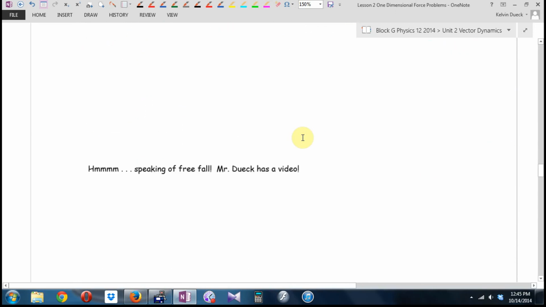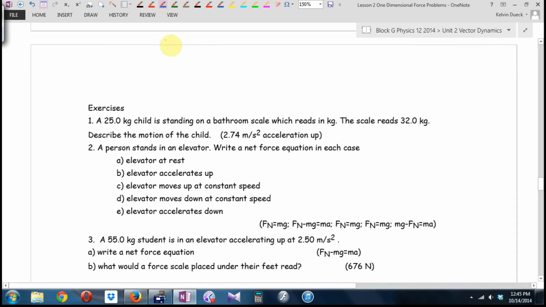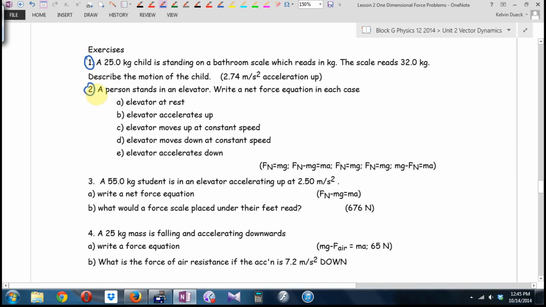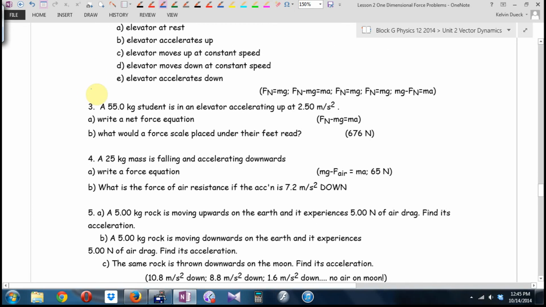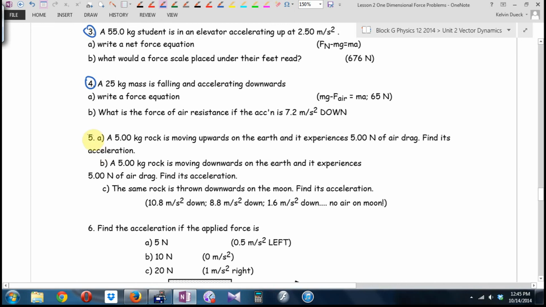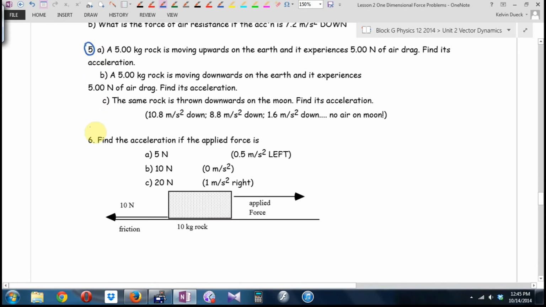Next, some homework first of all. Number 1. Number 2. 3 is good. 4 is good. 5 is good. 6 is good.